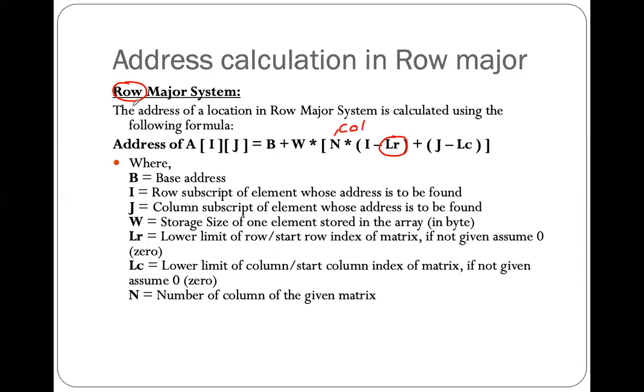If you are calculating for column major, we will take the rows. Okay, so that will be the difference. Here in row major we take the number of columns, how many columns are there, and i means the row subscript, j means the column subscript. So if we are taking the row, the lower index of row, and if you are taking the column, the lower index of column. So this will be the formula for calculating the address.